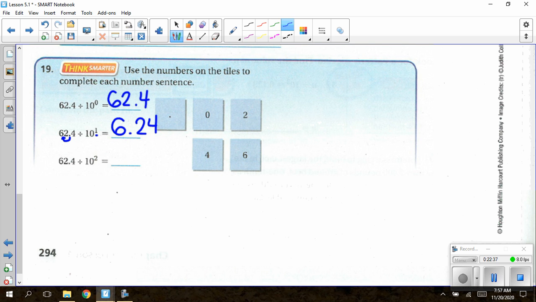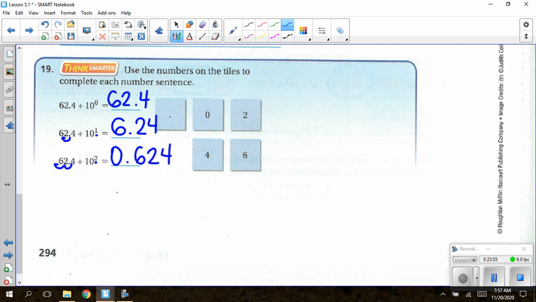And finally, you would have that divided by 10 to the second power. So 2 swoops to the left places my decimal in front of the 6, so 624 thousandths. For this question on a test or a quiz, you would have blank spaces that you would drag those tiles into for those answers.